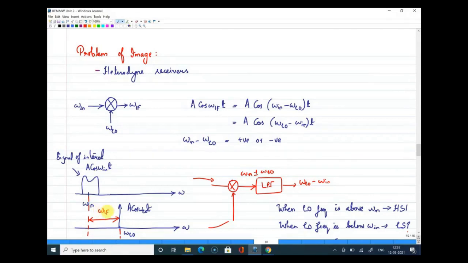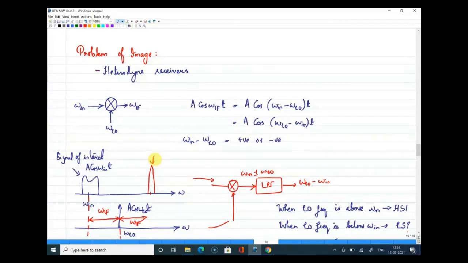Now, if there is an interferer or some other signal present at the same frequency distance away on the other side, which is somewhere here, if such a signal is available here, what will happen? We know that we have received a band prior and we are operating on that band.